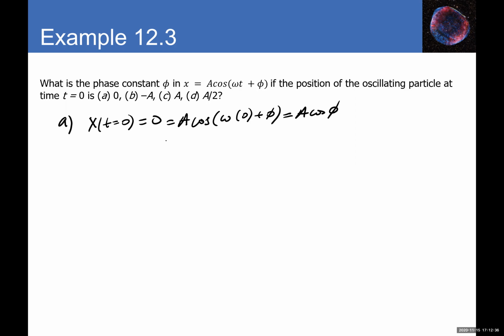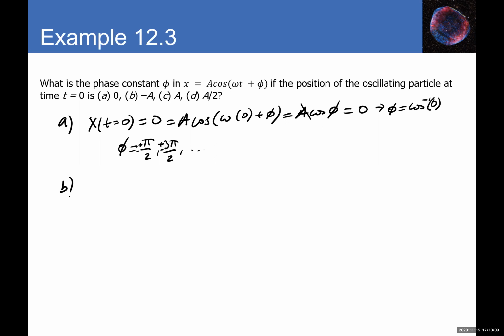That means 0 equals A cosine phi. I can get rid of A by dividing both sides by A. Then phi is the inverse cosine of 0, which means phi is pi over 2, 3 pi over 2, and so on, or plus minus, and so on.